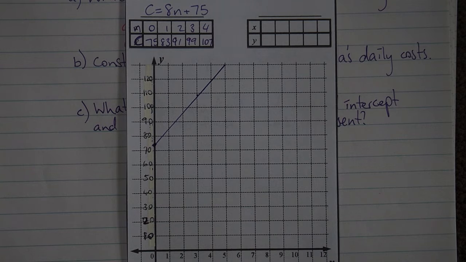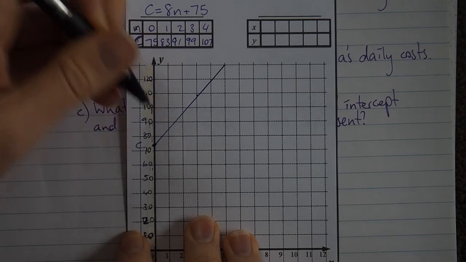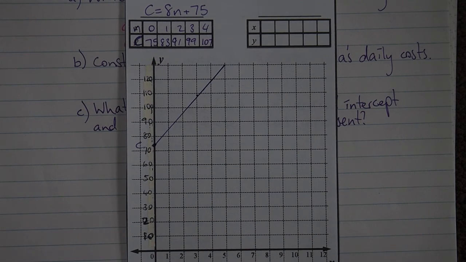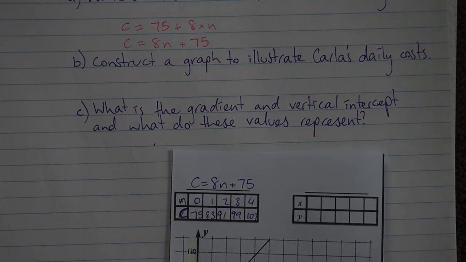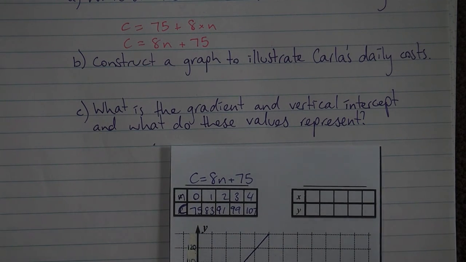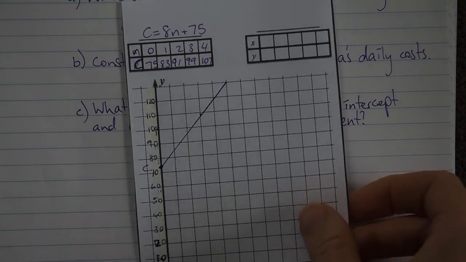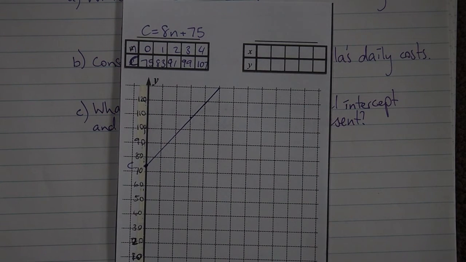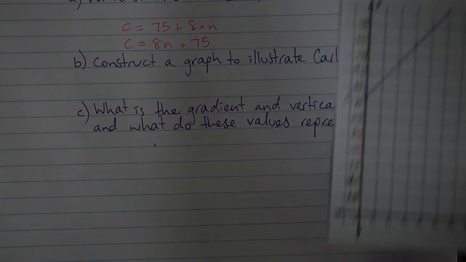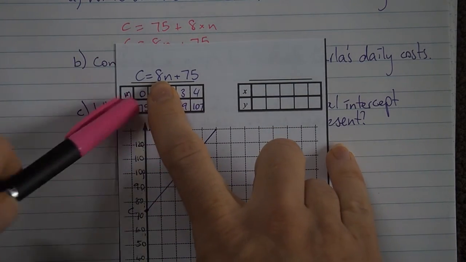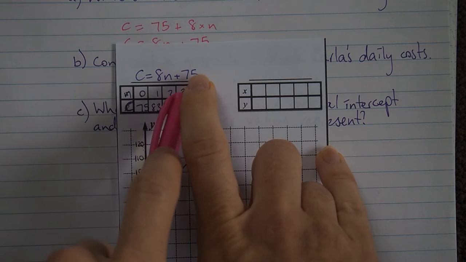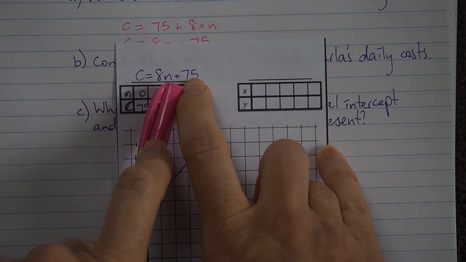Obviously we could have chosen different cost or C values to have a flatter line, but that is okay. What is the gradient and vertical intercept, and what do these values represent? Because we've written our equation in gradient intercept form, we can read straight off our equation that the gradient is 8 and the y-intercept is 75.